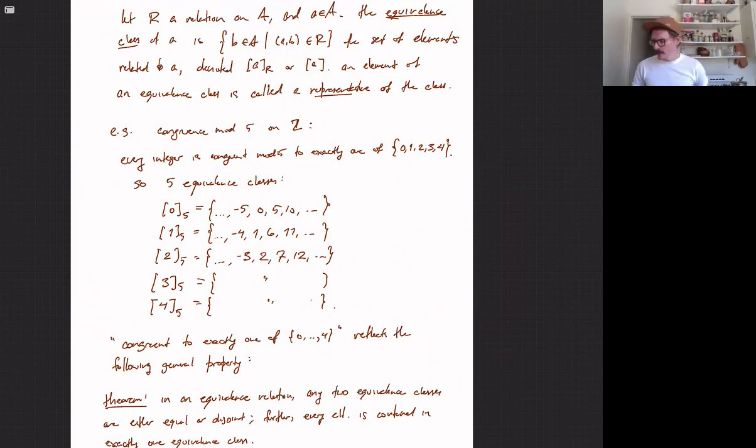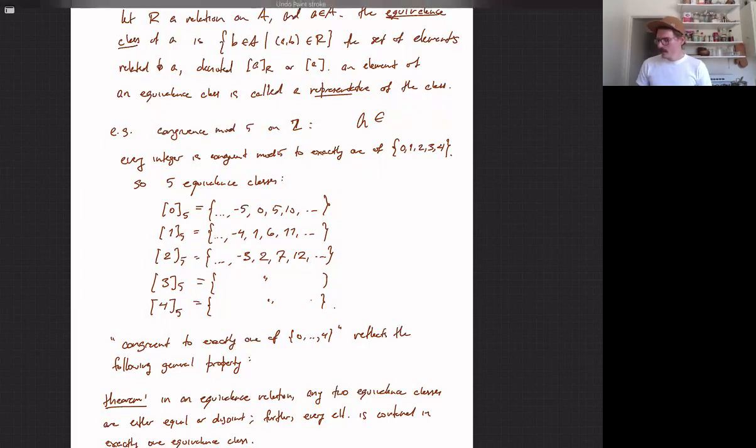For example, if your relation is not reflexive, the element A might not be in the equivalence class of A, which is a very strange thing that you want to rule out. Or you might have A in the equivalence class of B, but B is not in the equivalence class of A. Another very strange thing that can happen for relations in general, but we want to rule this out if we're considering these elements to be equivalent.